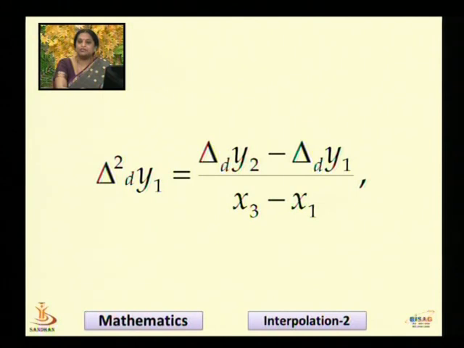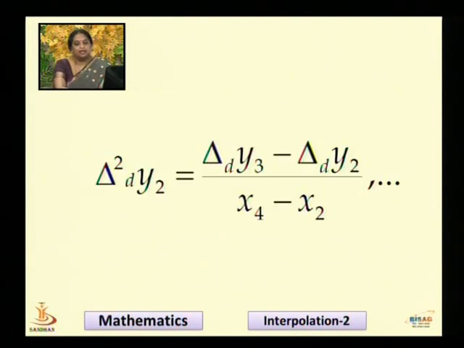Why do we say x3 minus x1? Because the numerator comprises the first order divided difference delta D y2, which is y3 minus y2 divided by x3 minus x2, and hence the second order divided difference would have x3 minus x1.